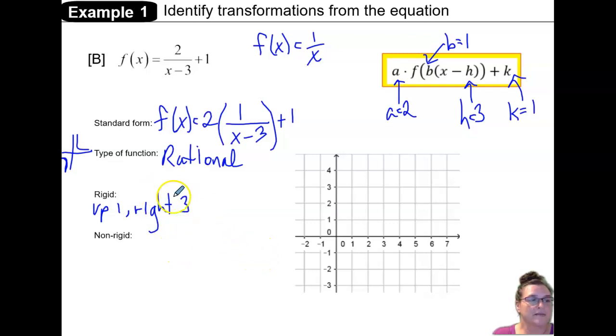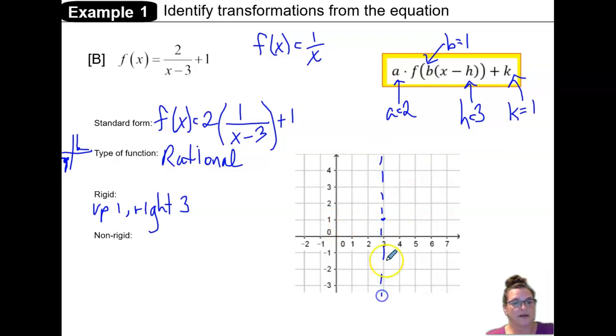Okay, and the parent graph, remember, its asymptotes intersect at 0, 0, and then its anchor points, it goes through 1, 1, and negative 1, negative 1. So that rigid transformation is going to move those guide points up 1 and to the right 3. So the intersection of my asymptotes, instead of being at 0, 0, I go up 1 unit and to the right 1, 2, 3. And that would be the intersection of the asymptotes.